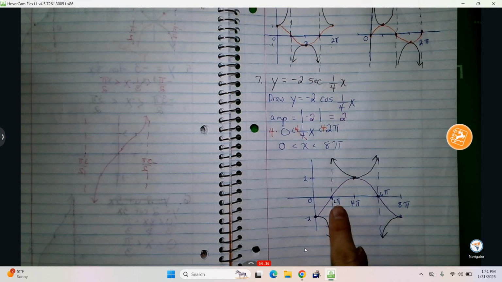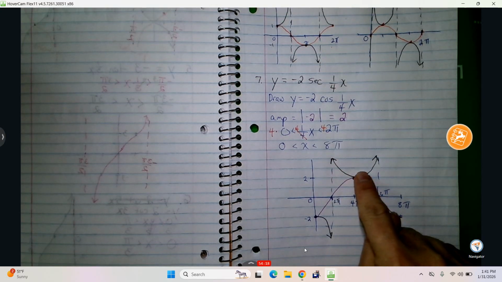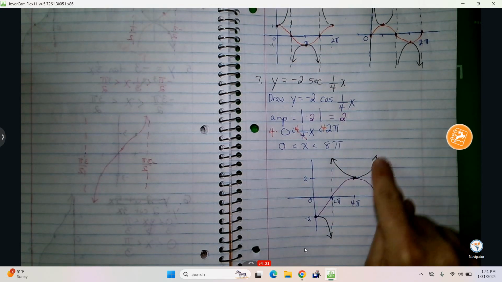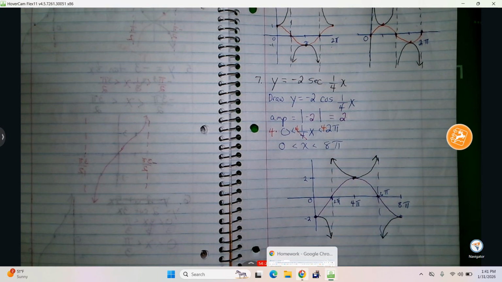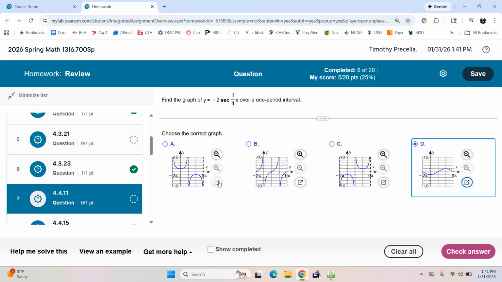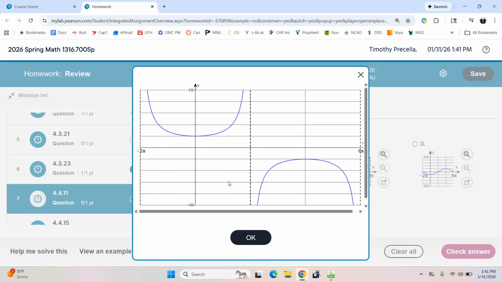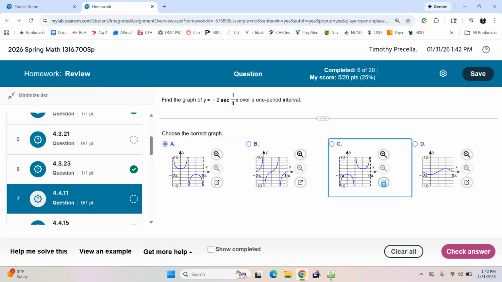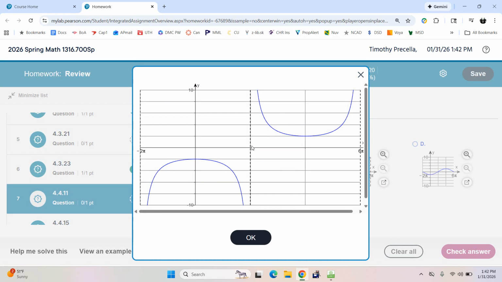It says between 2 pi and 6 pi, we should have that little U-shaped curve there. Which one of those has it? Right here. Oh, let's see. That's 6 pi. It's definitely not this one, right? Between 2 pi and 6 pi, it should be going up. Let's see. I think this is the one.